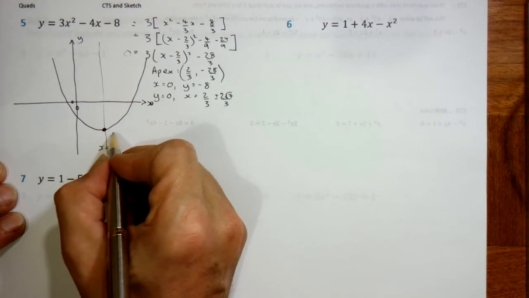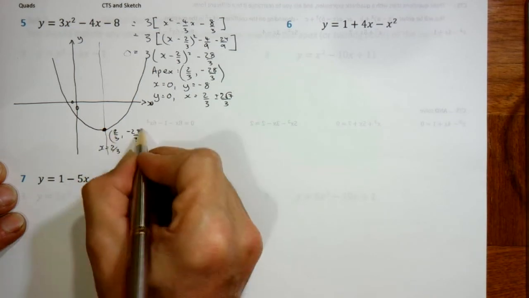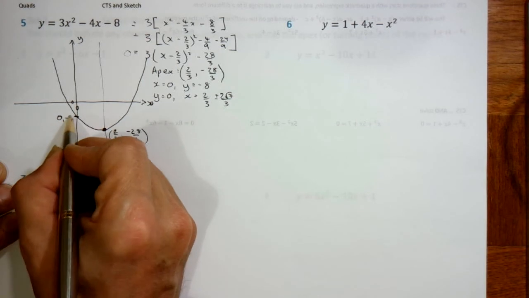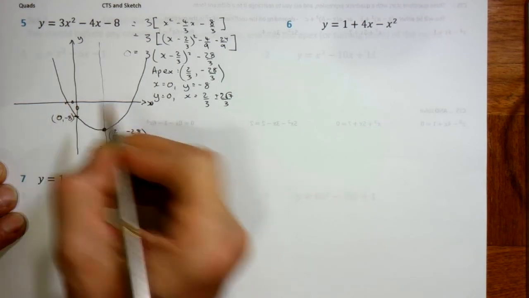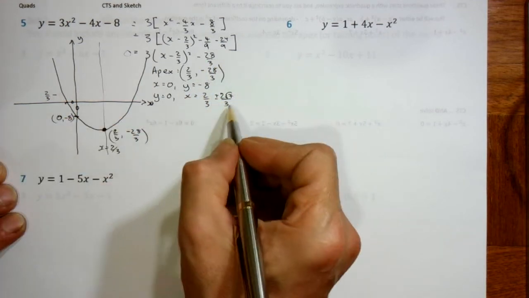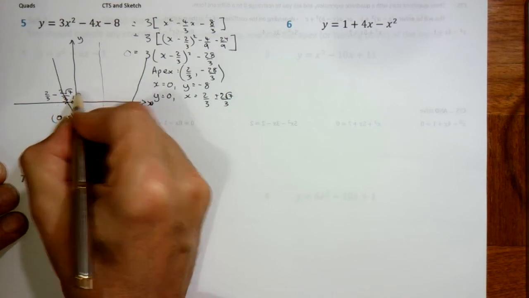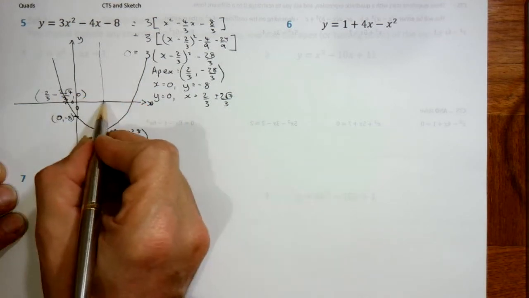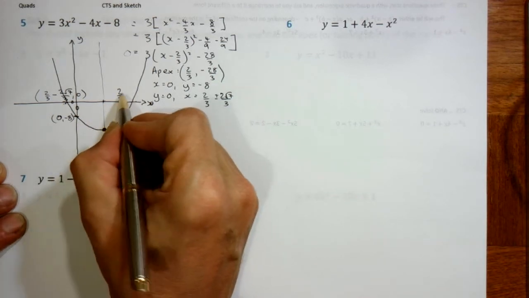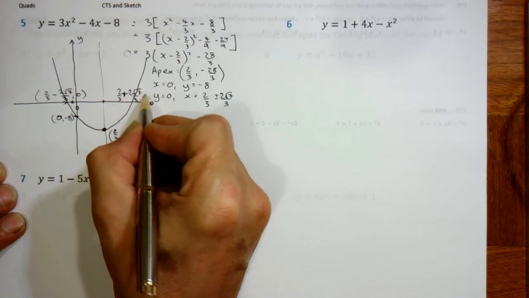The apex is 2/3, minus 28/3, so that's quite far down, and it needs to be lower than minus 8. This point is 2/3, take away 2 root 7 over 3, naught, because this is x equals 2/3, we've gone that way, we go the same distance that way, we add 2/3, add 2 root 7 over 3, naught.